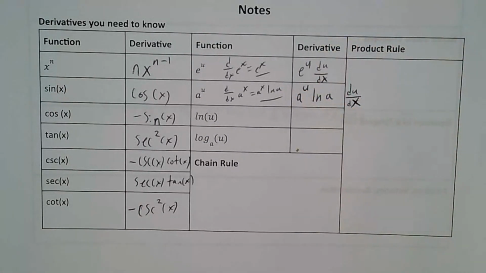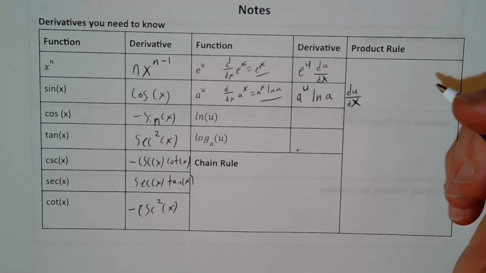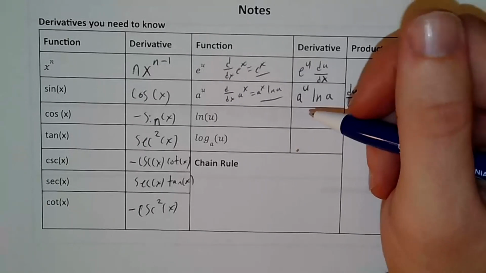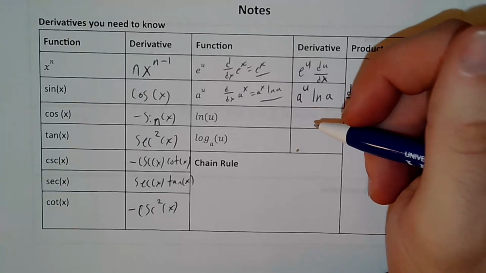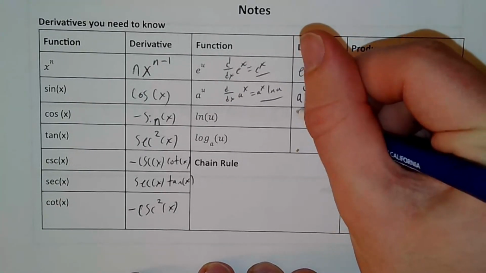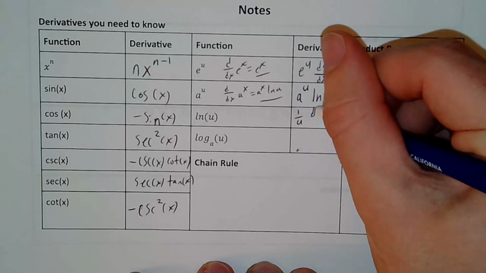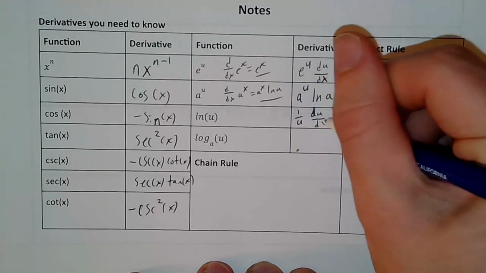Ln u. We have not covered this yet. If you're watching this on the Friday before break, we haven't gotten to ln and log yet, but I'm putting it in because I'm going to cover it on the Tuesday before the test. The derivative of ln u is 1 over u du dx. It's a pretty easy one.